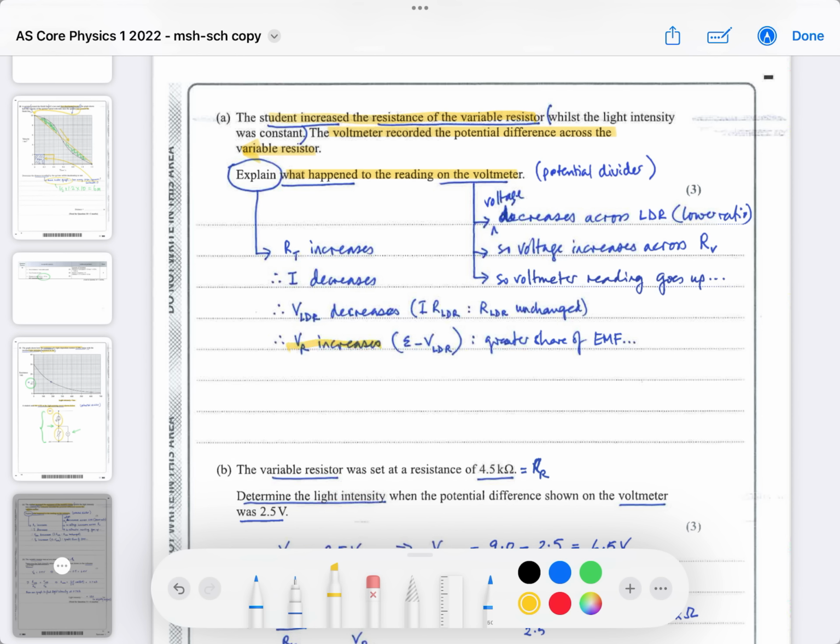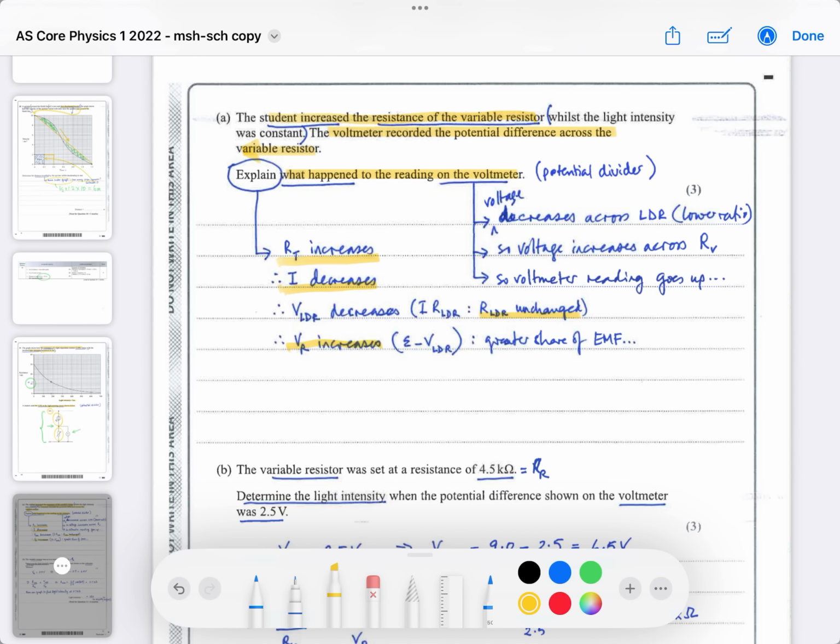The voltmeter reading will increase because the light intensity doesn't change, so the resistance of the LDR is constant. Resistance of the LDR is unchanged, but because the total resistance is increased, the current decreases, which is what happened.